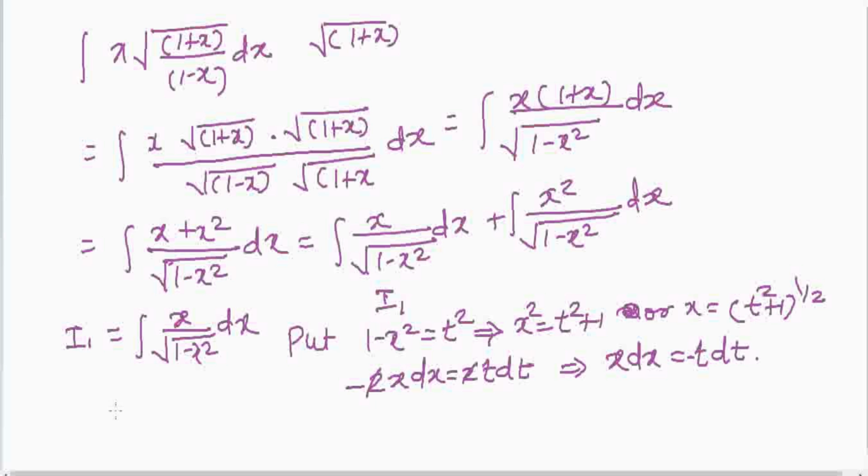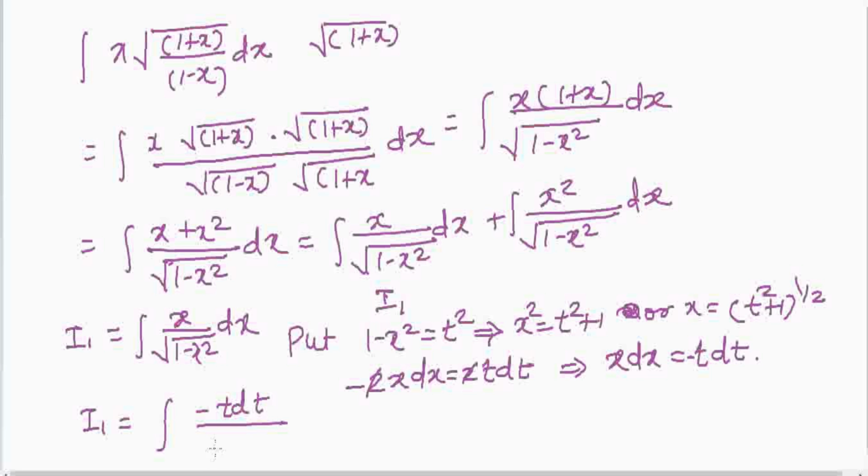Substitute this value. So I1 equal to integration of minus t into dt divided by under root of 1 minus t square.